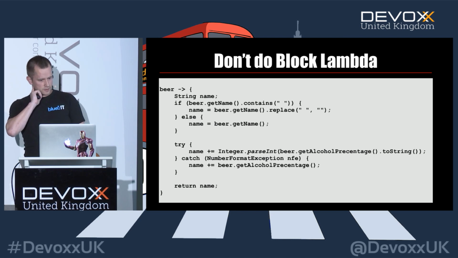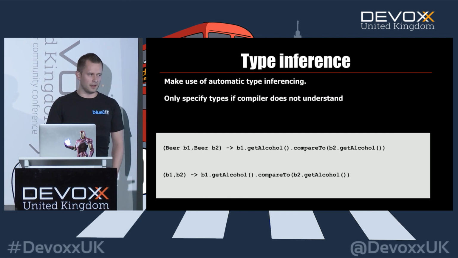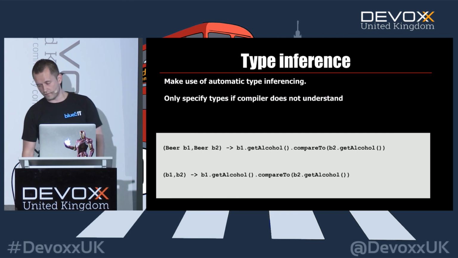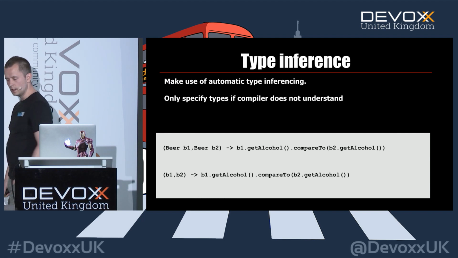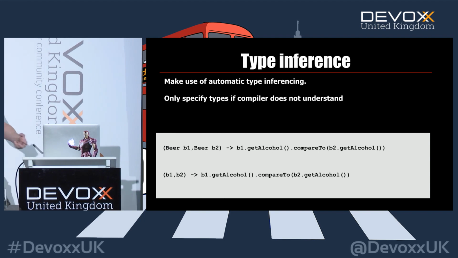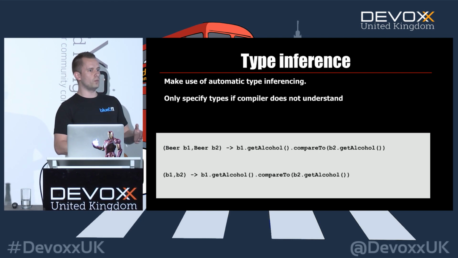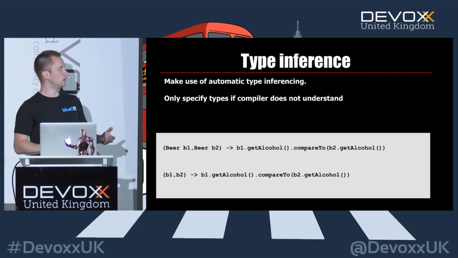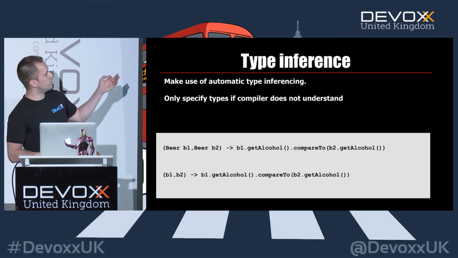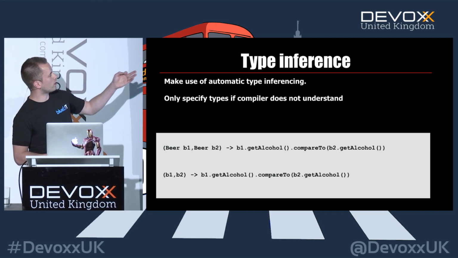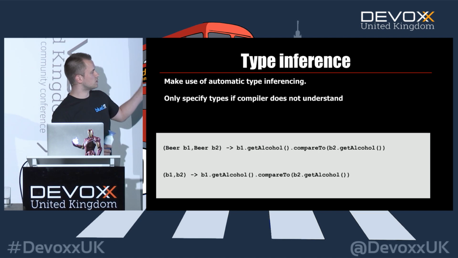What more about Lambdas? Within Java 8, we have automatic type inferencing. Lambdas are designed to do the same with less coding, right? So why would I give the type of my arguments here if it's not necessary?